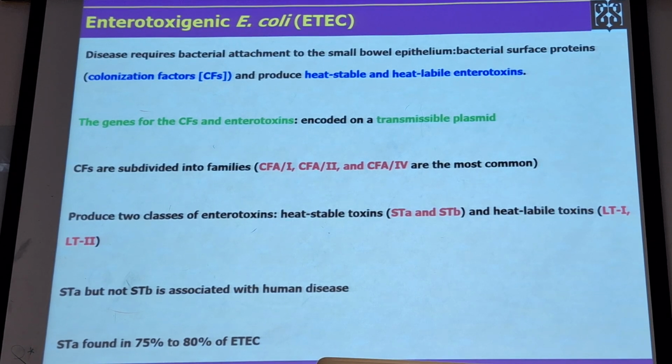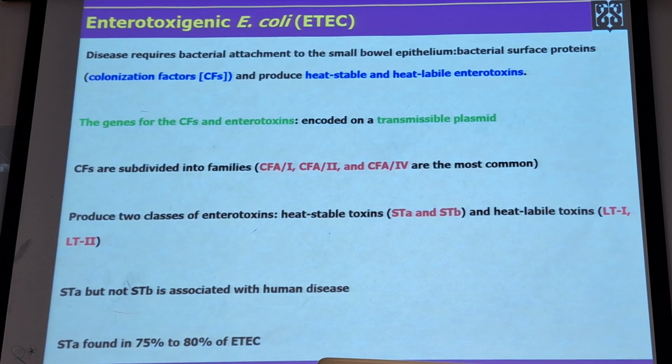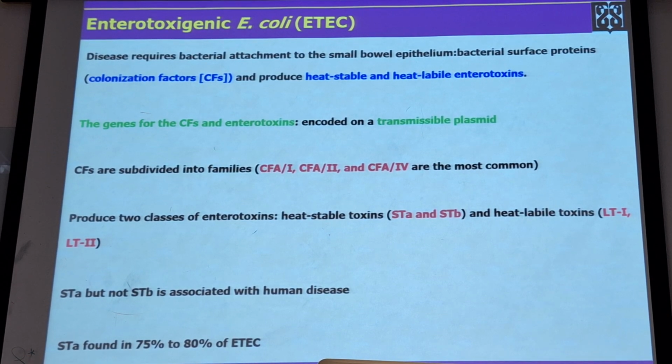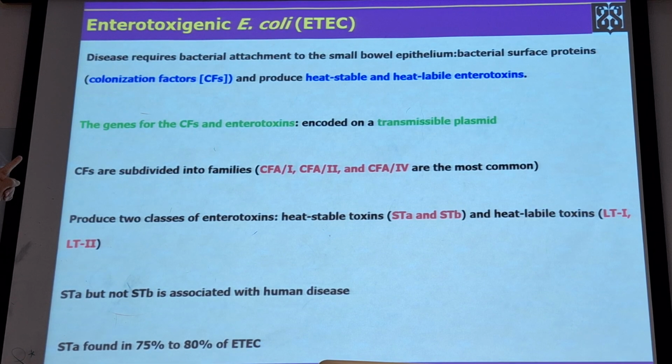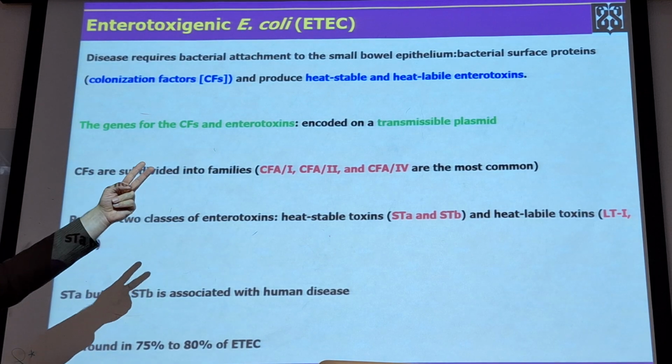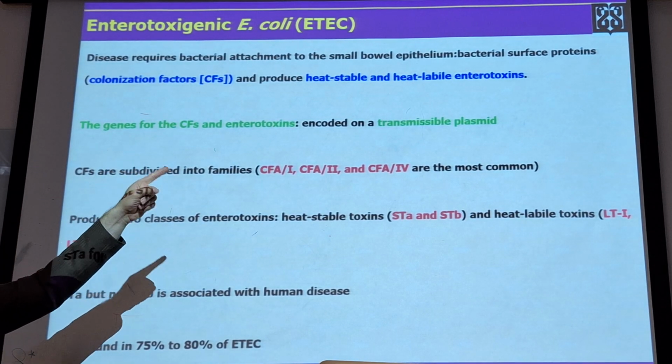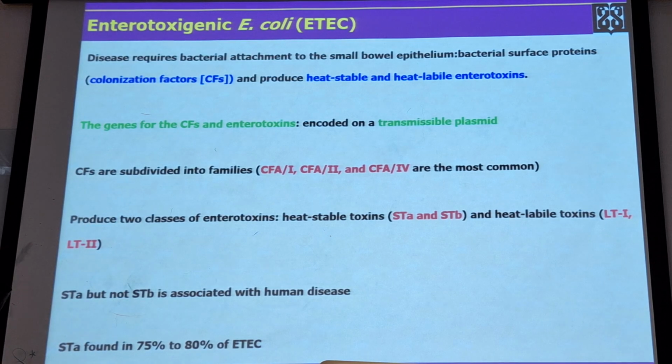ETEC disease requires attachment of ETEC to the small intestine epithelial cells. This bacterium attaches to the epithelial cells by colonizing factors. After attachment, it produces two enterotoxins, heat-stable and heat-labile enterotoxin.